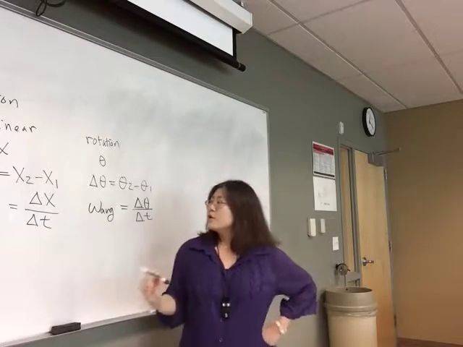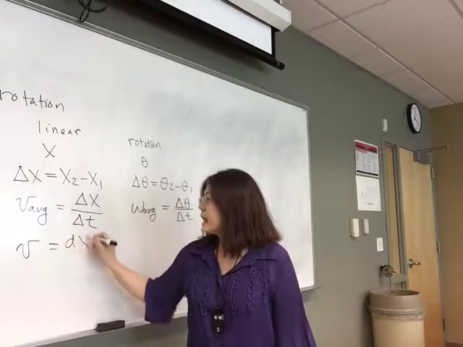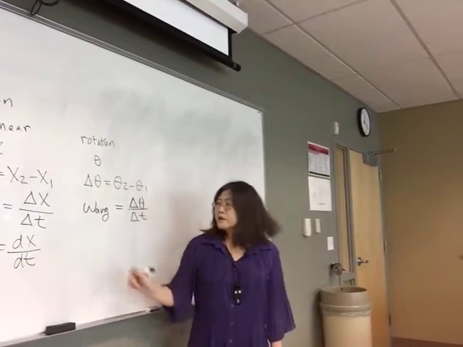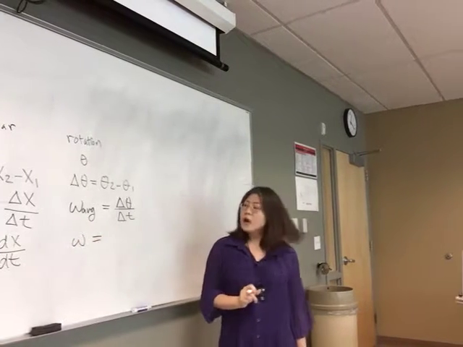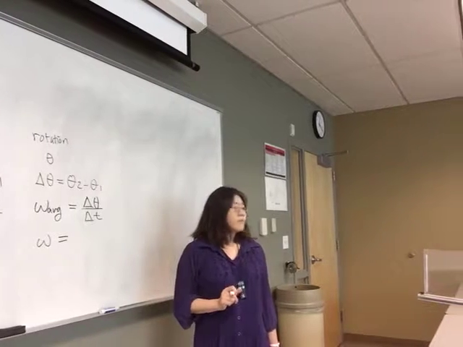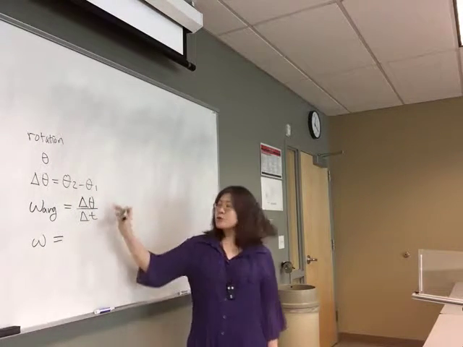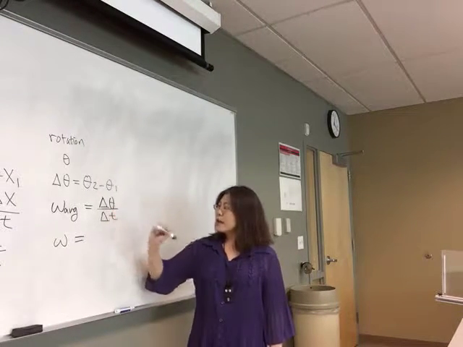Now, we know that your v is simply dx over dt, the time derivative of position. So the instantaneous angular velocity can be found by changing the delta to d, right? Because you just shrink the time interval so small that your delta becomes d.